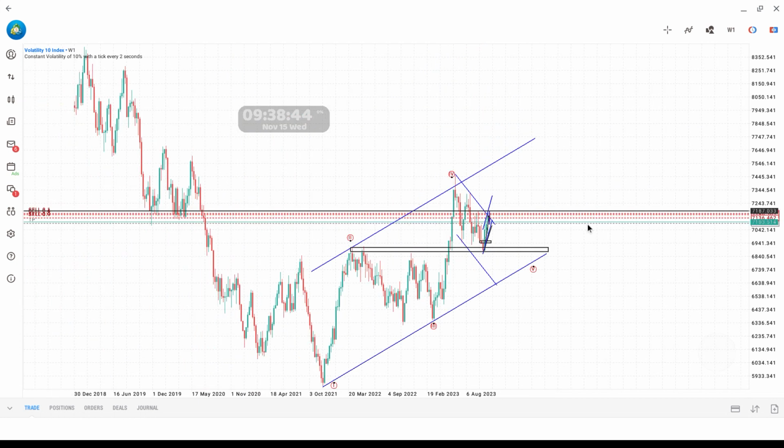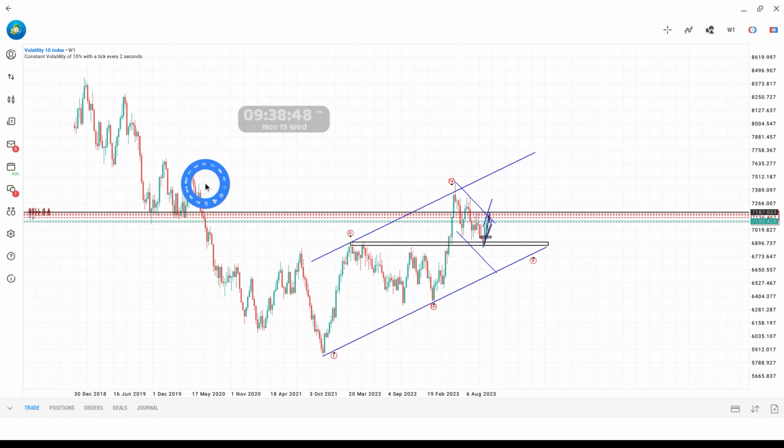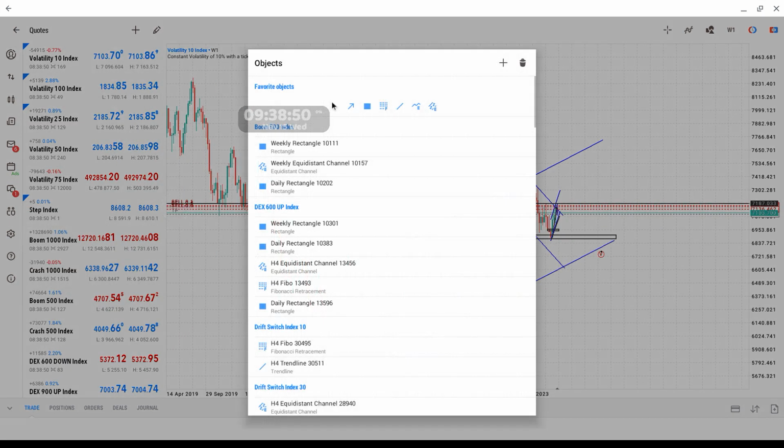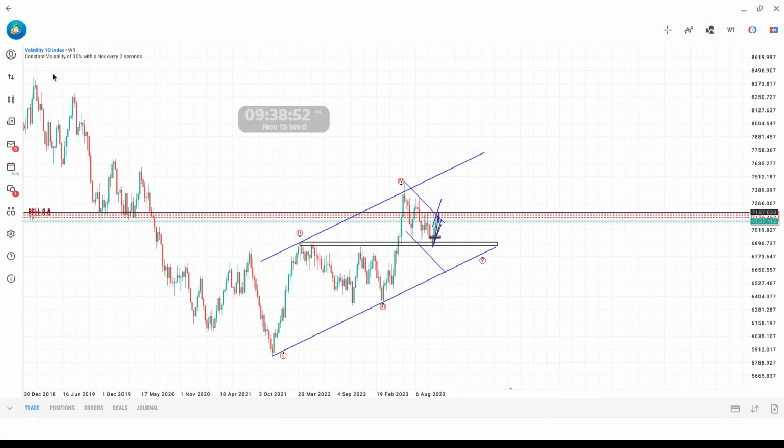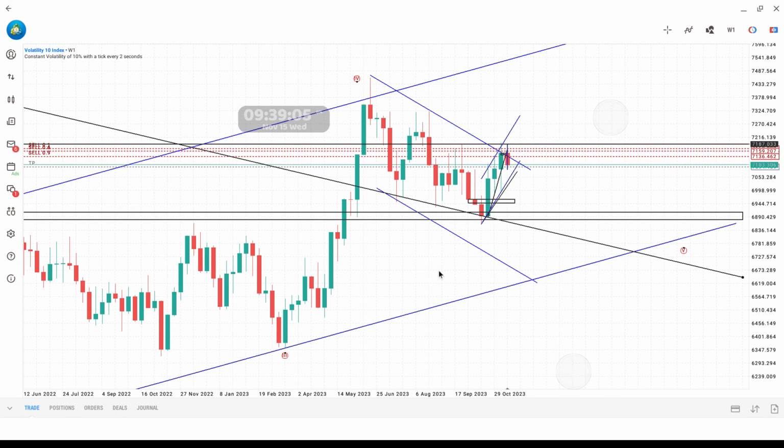If you go back and plot your trend line on the weekly time frame, you see that V10 is currently sitting on a kind of support. Can you see the reason why price will always bounce when it gets to this trend line? Price bounced how many times from this trend line? 1, 2, 3.